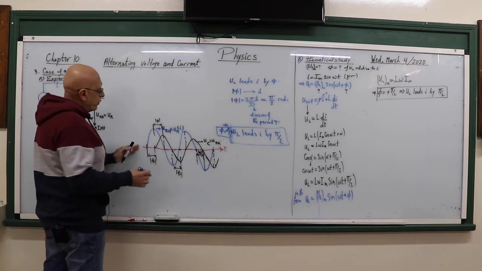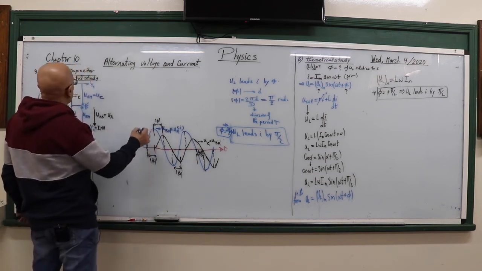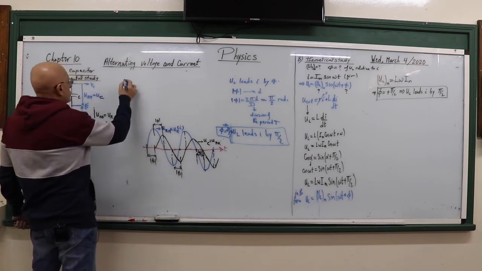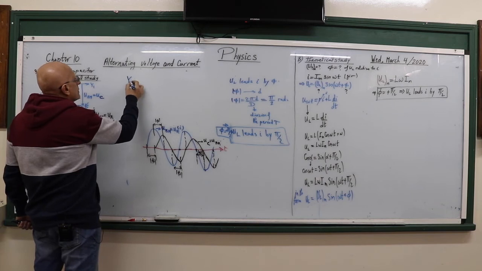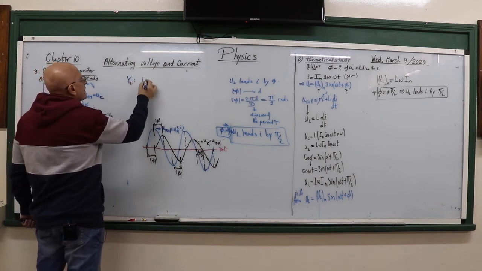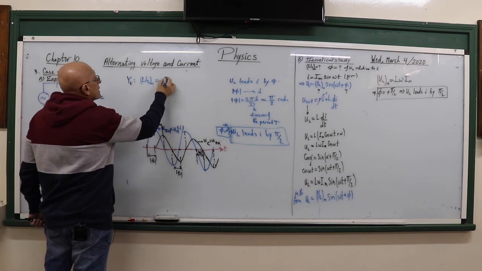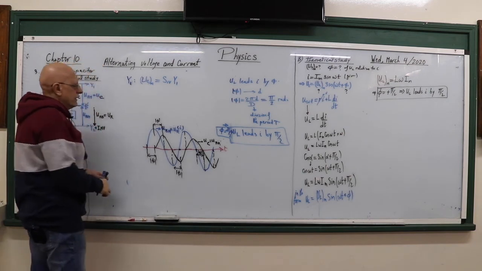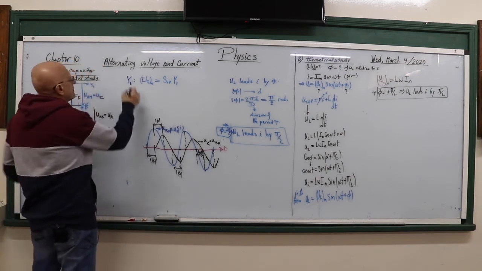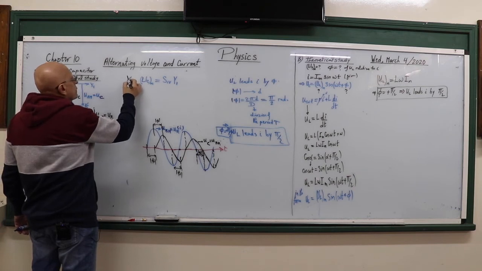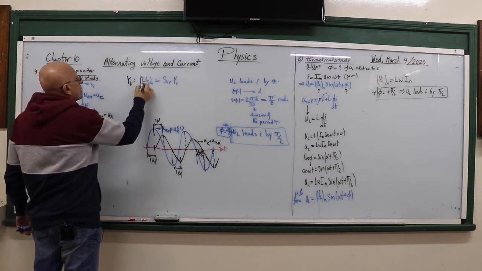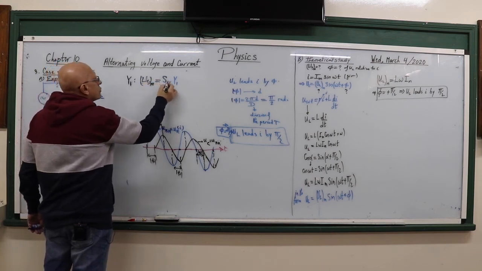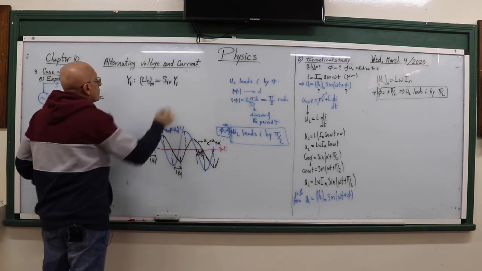Using these waveforms, on channel Y1 you can find UC maximum equal to S1V times Y1.